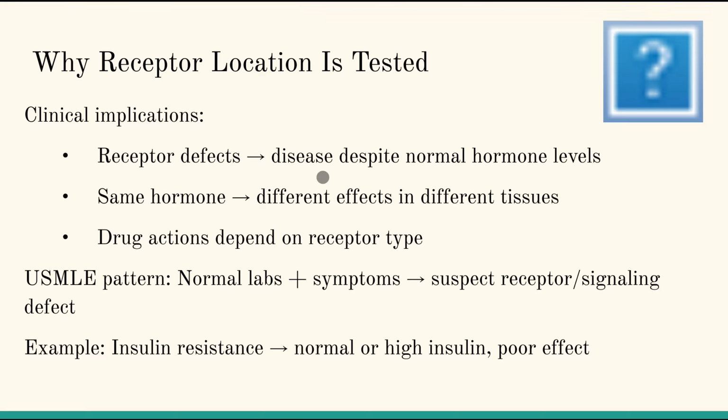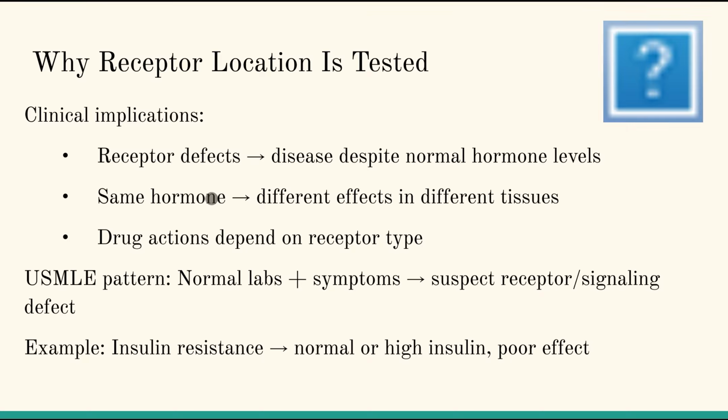Receptor location explains why hormone resistance occurs. Whenever we ask why receptor location is important, understand that it explains why hormonal resistance develops.